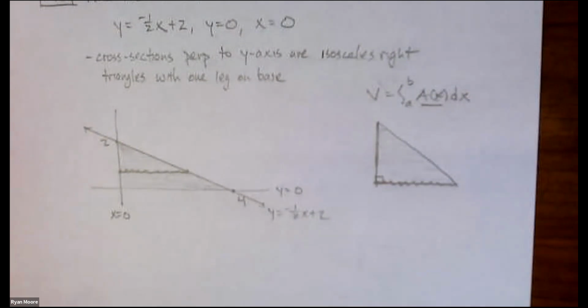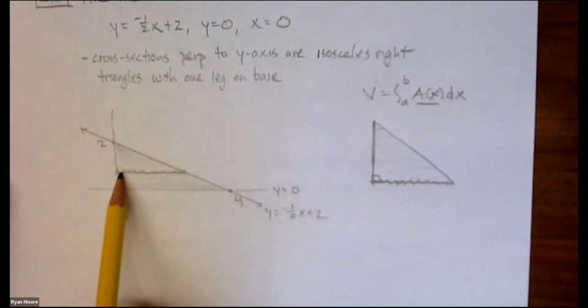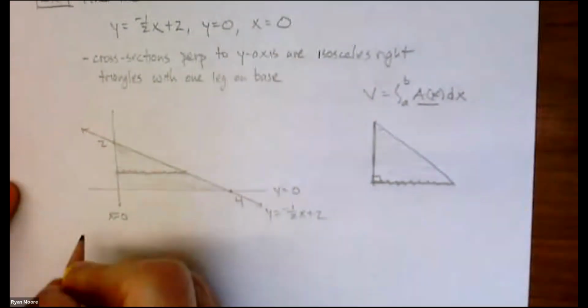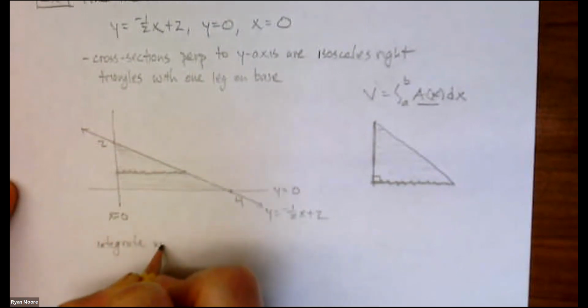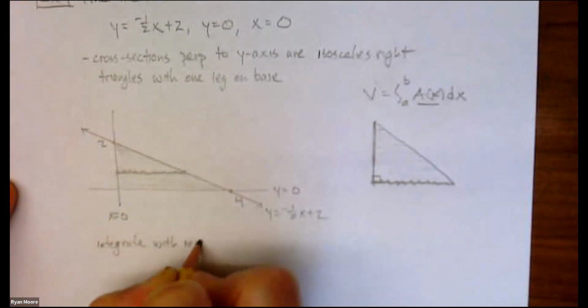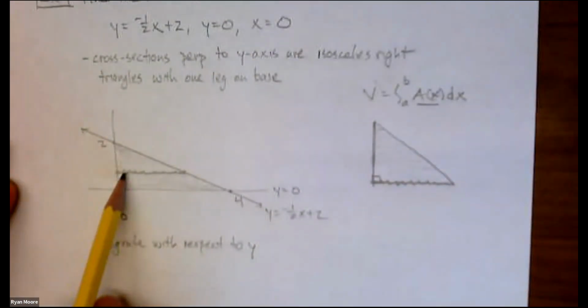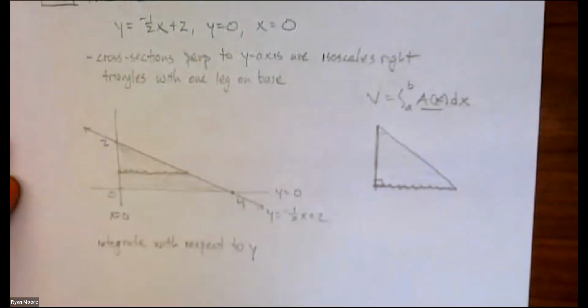As I look at this shape, we're looking at these cross sections, these bases. They're moving up the y-axis. We're going to need to integrate with respect to y, since those lines are moving up the y-axis from 0 to 2.